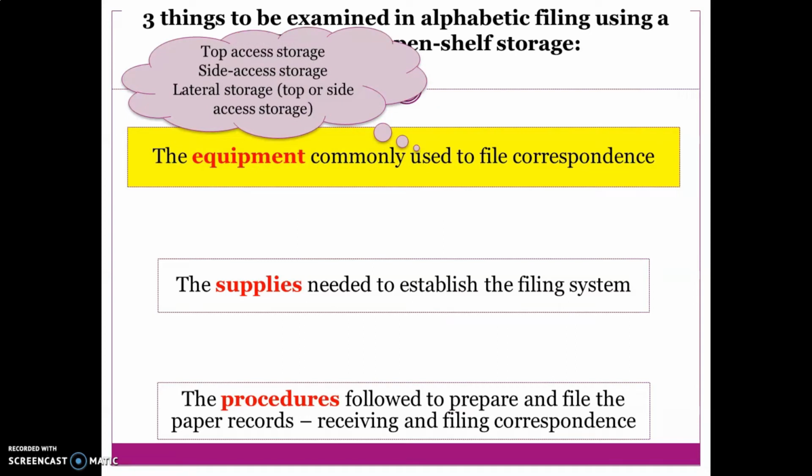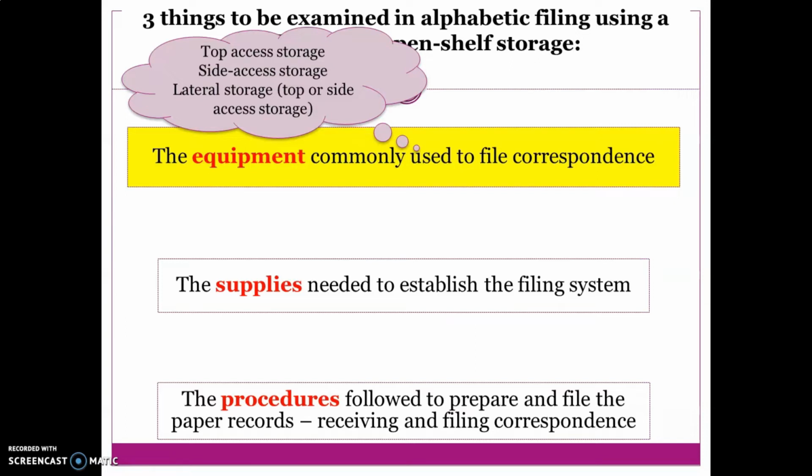Usually the company will use top access storage or side access storage, and the new design combines these two, which we call lateral storage, combining the design of top and side access equipment.